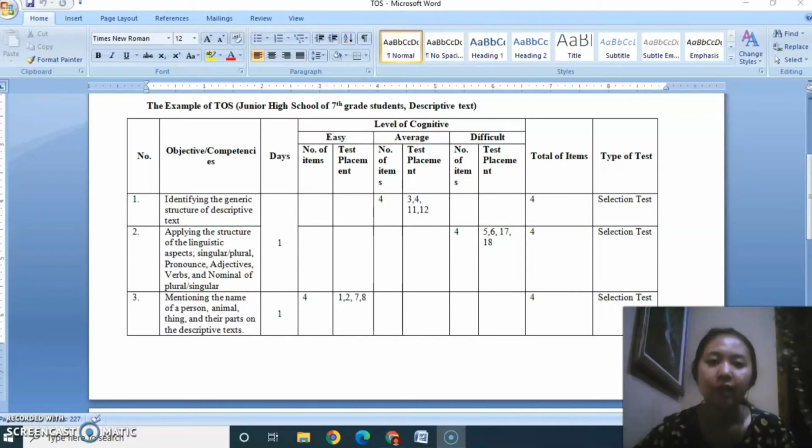The level of cognitive of this objective is easy because the students are asked to mention the name of a person, animal, things, and so on in the descriptive text. The total items of this objective is 4, which will be test number 1, 2, 7, and 8. And the type of test is selection test or multiple choice.